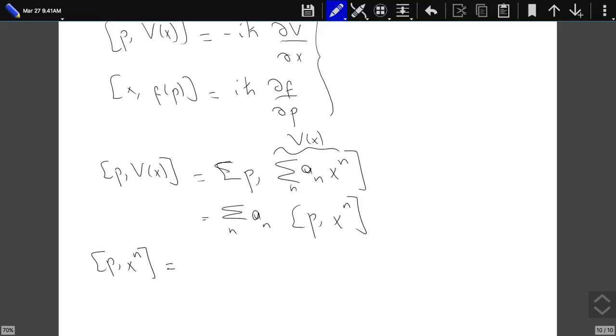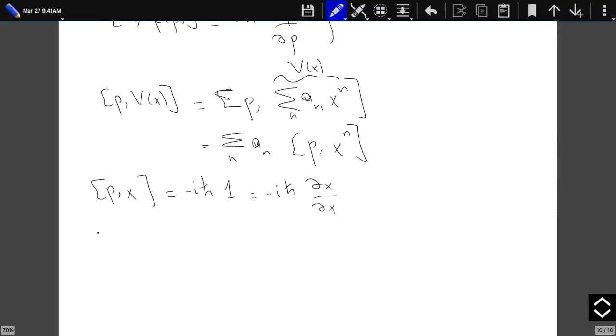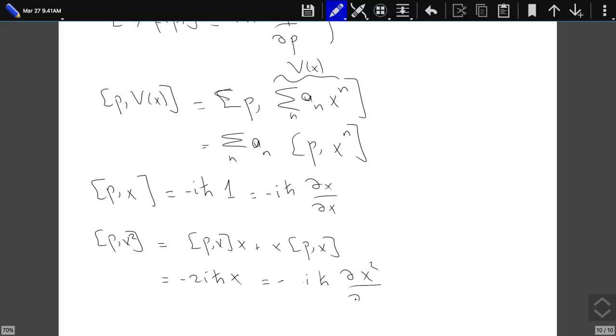Let's do a couple of examples. The commutator of p with x is minus i h bar times 1, which is minus i h bar del x by del x. The commutator of p with x squared is equal to the commutator of p with x times x plus x times the commutator of p with x. This is minus twice i h bar times x, which is minus i h bar del x squared by del x.